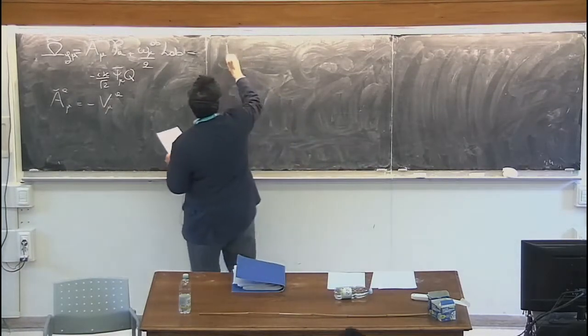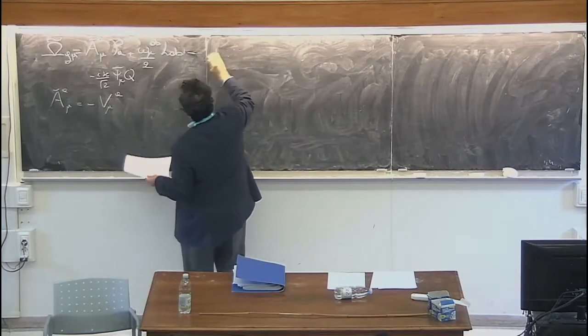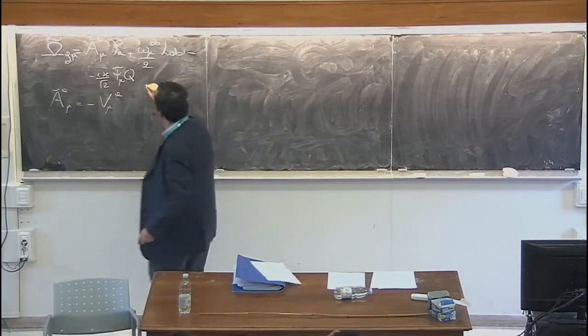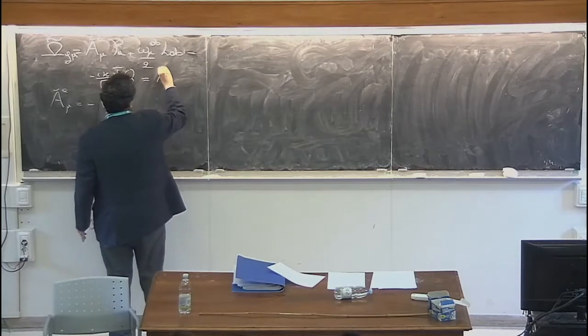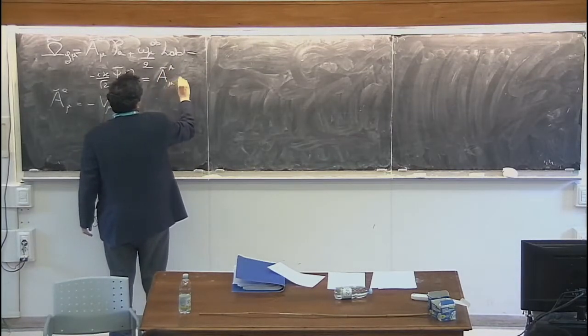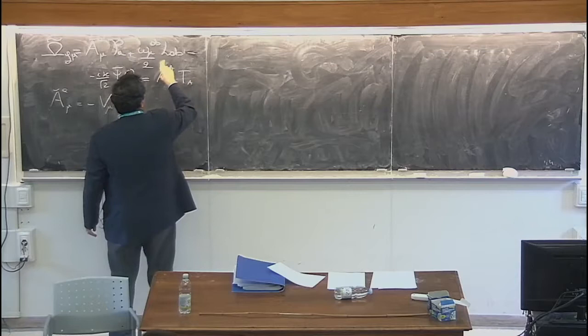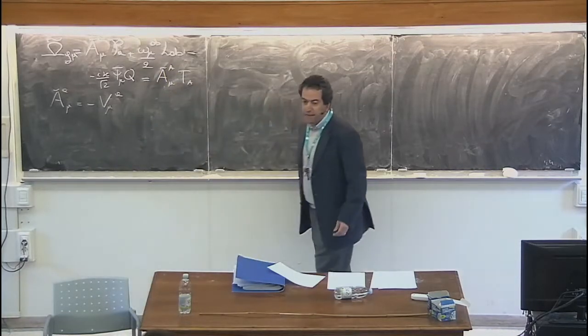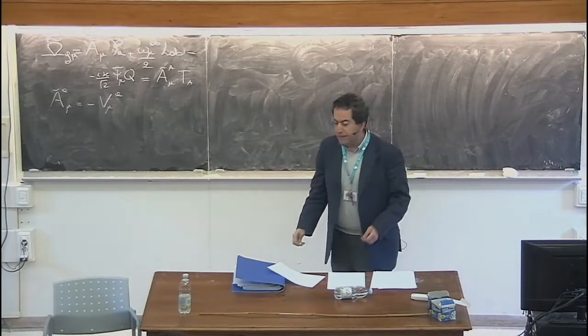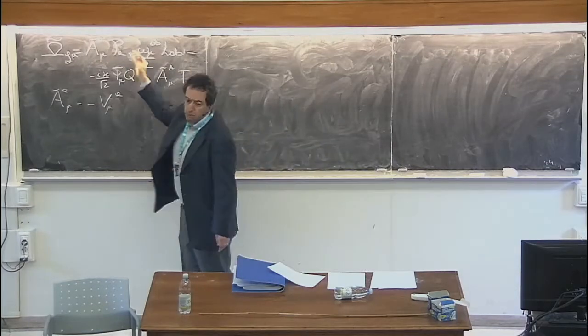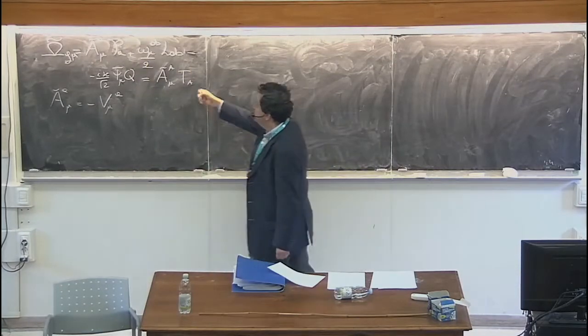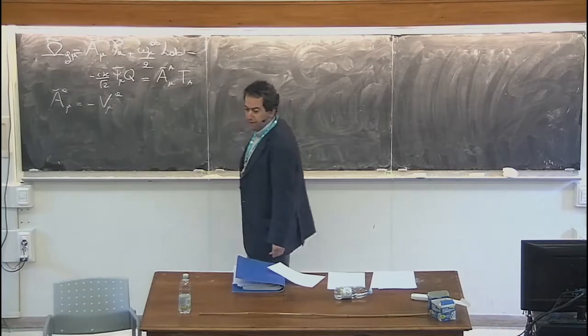The curvatures are defined this way. Here we can use the collective symbol A tilde capital A for denoting all the one forms, and TA the corresponding generators.